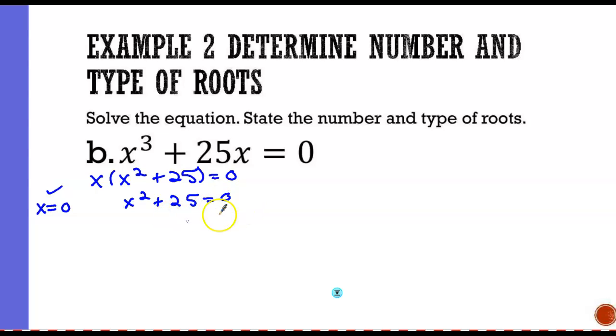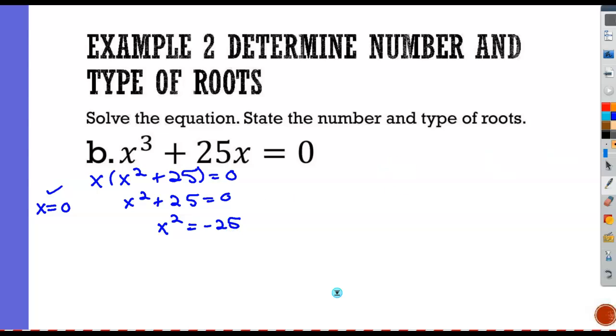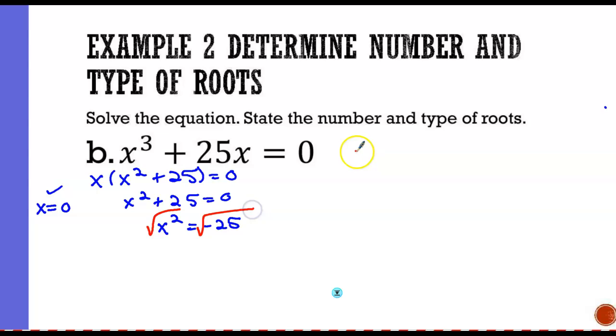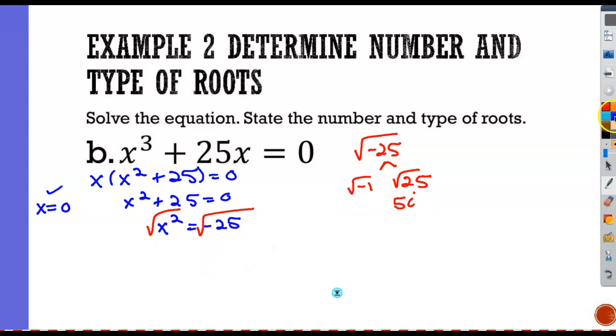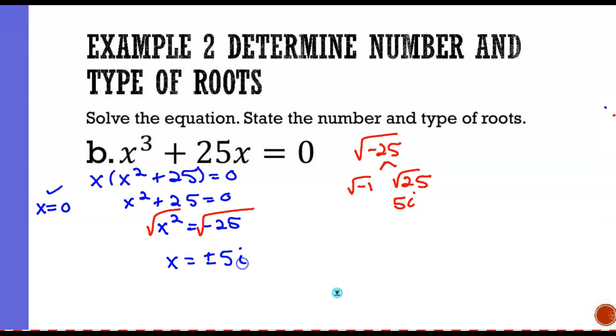Let's work it out. Subtract 25 from both sides. And then this is kind of interesting. When I take the square root, recall what happens if I take the square root of a negative number. I'm going to have the square root of negative 1 and the square root of 25, which is 5, and the square root of negative 1 is i. So my answer here would be positive or negative 5i.